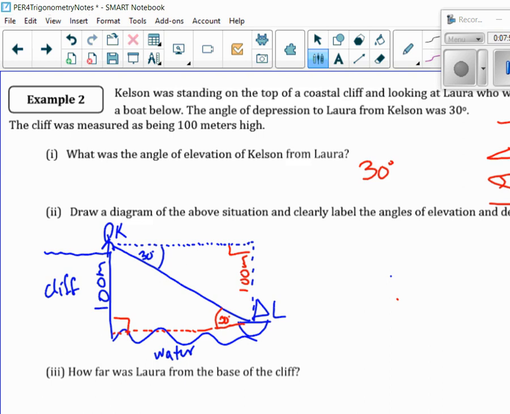So, who can tell me how to figure out how far Laura was from the base? What trig ratio would I use? I heard sine, but it's tan. Again, I will repeat, a lot of these word problems are tan, and the reason why is they usually want the ones that are at the 90 degrees with each other.